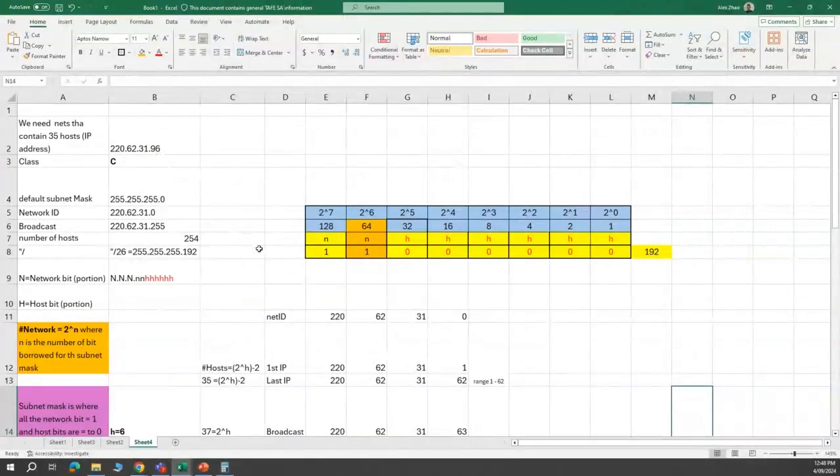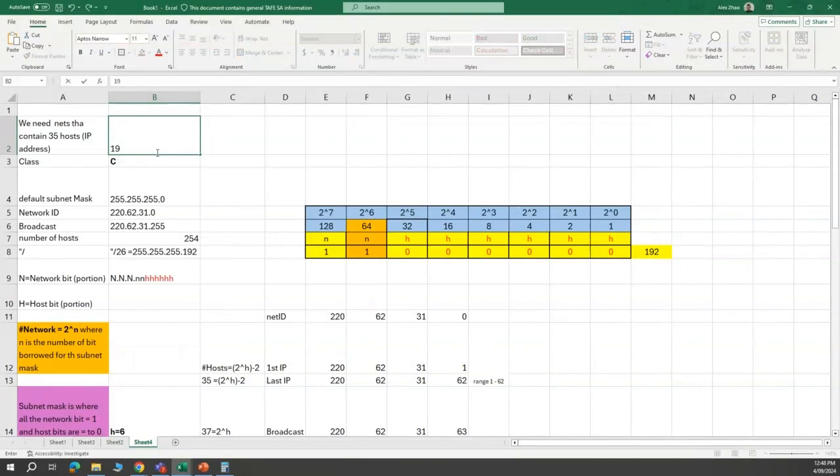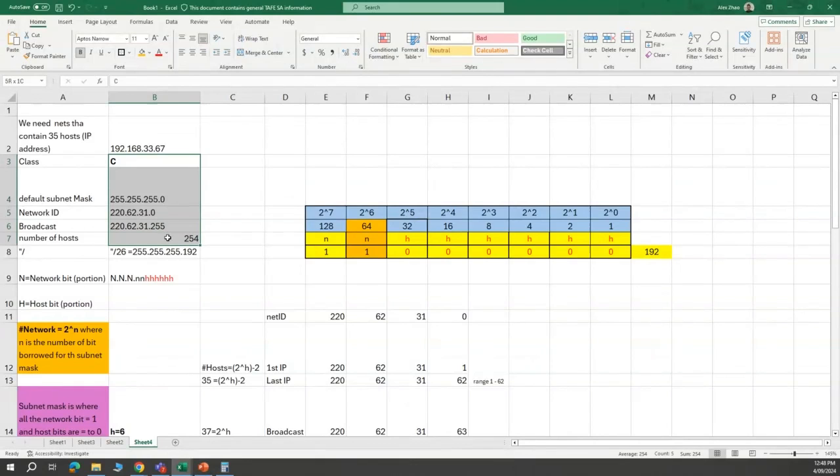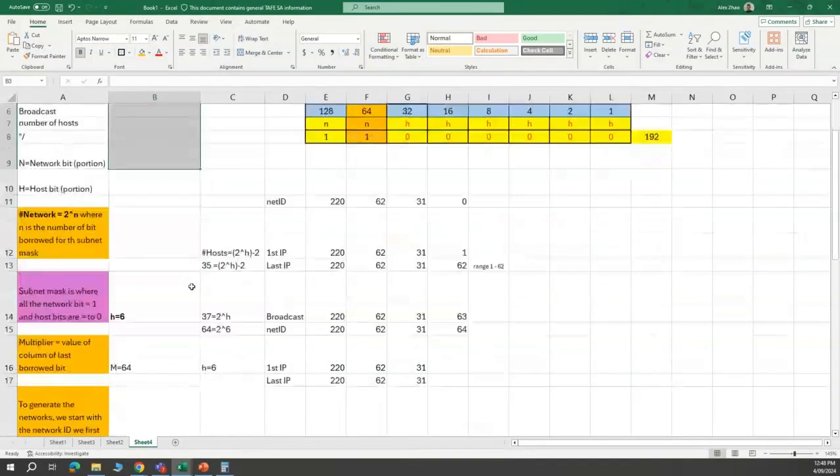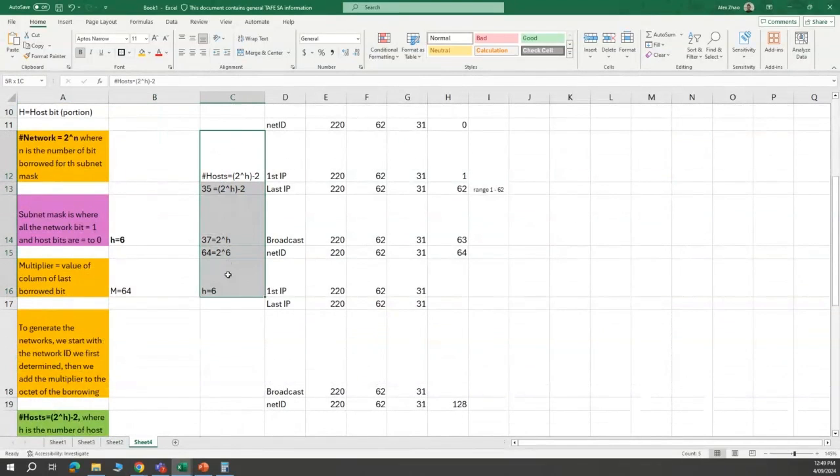All right, so now that I've shown you that example, I'm going to give you a chance to work it out yourself, okay? I'm going to give you another IP address now. Let's just not stuff around. We'll go 192.168, which is a private IP address range, 33.67. And I'm going to delete all of this stuff.